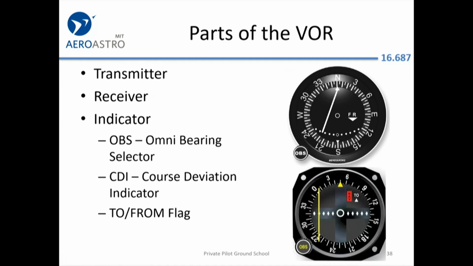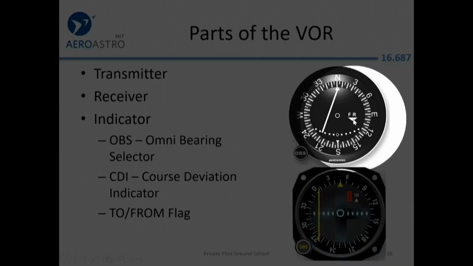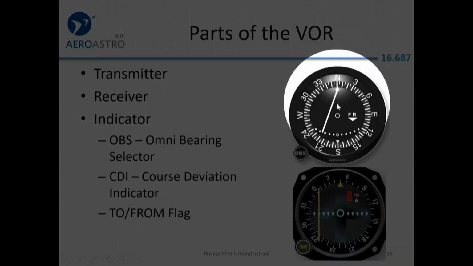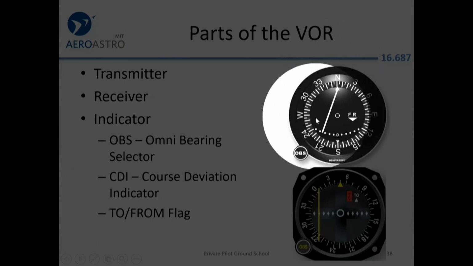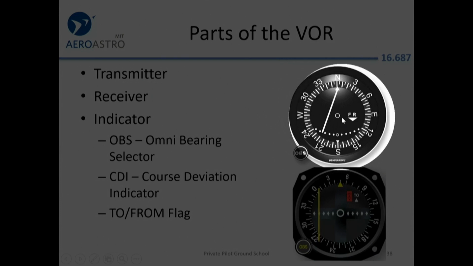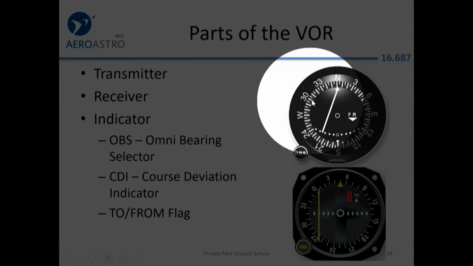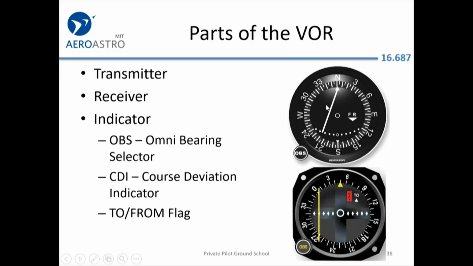So you can see here, this is showing you that the 360 radial is off to your left. And if we were to fly, we don't have to. This is not related to the actual heading of the aircraft. But if we were to fly basically north, we'd be going away from the VOR. OK, we're going to get into this more.